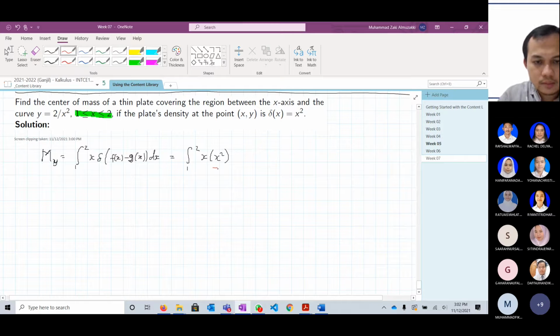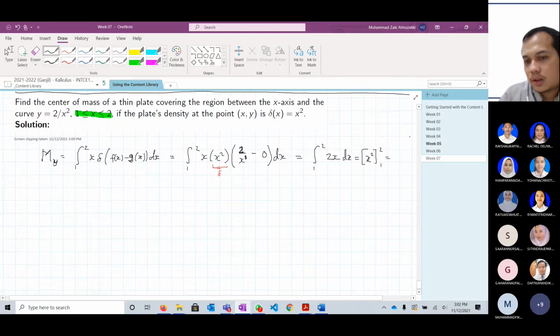X squared is the delta. Multiplied by f(x) minus g(x). Yeah, g(x) is 0. So multiplied by 2 over x squared, minus 0, dx, which is the integral from 1 to 2. In this case, we have 2 dx, which is 2x from 1 to 2. We have 4 minus 1, which is 3.